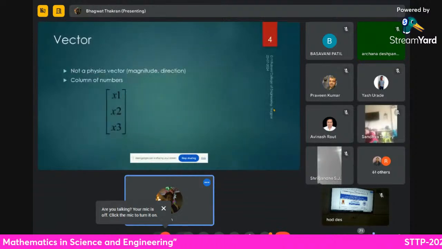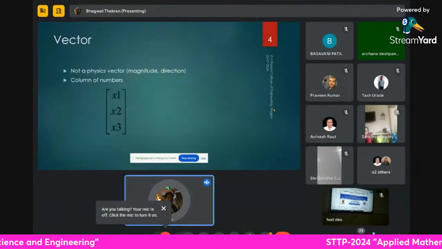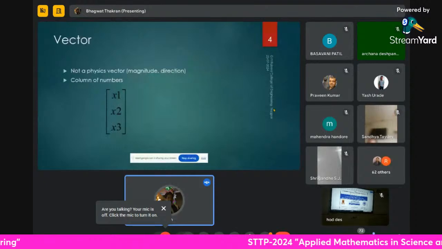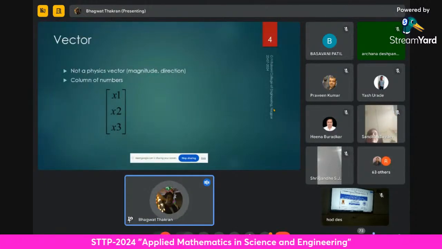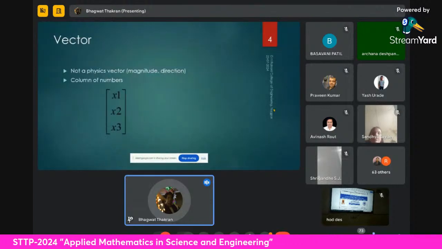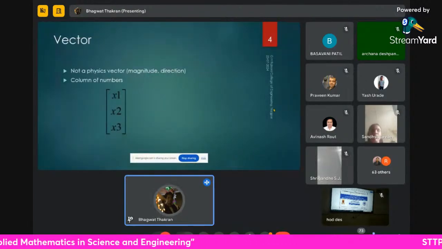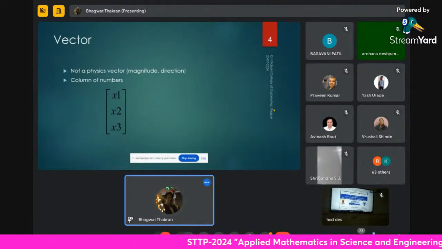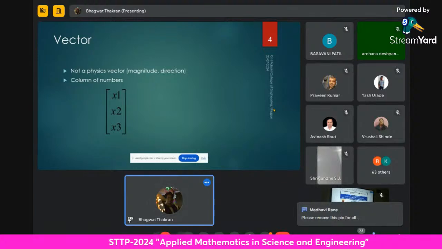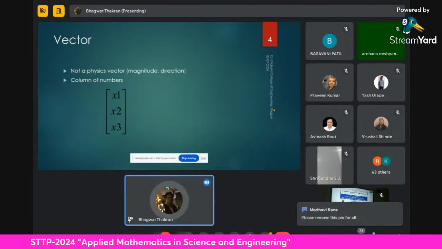Moving on towards the vector space, the first thing is what is a vector? Now we all know that a vector has magnitude and direction, but that is a physics vector. In mathematics, a vector is a column of numbers. We have all gone through matrices.